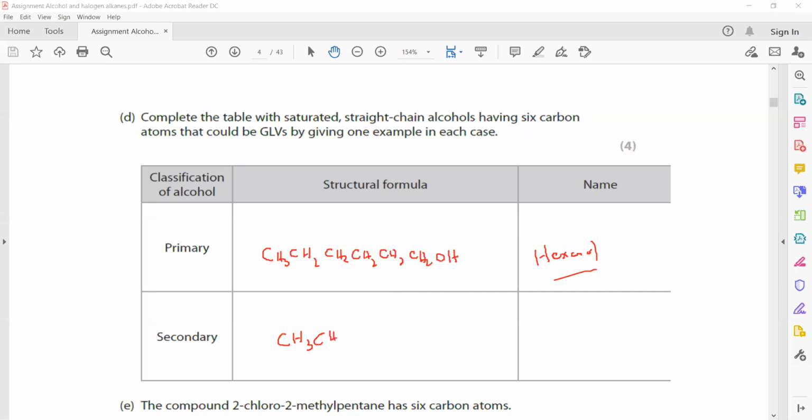So it will be CH3, CH2, CH2, CH2, 1, 2, 3, 4, CH. Then OH is attached to this one, and then CH3. And what is the name of this compound? This is hexan-2-ol.